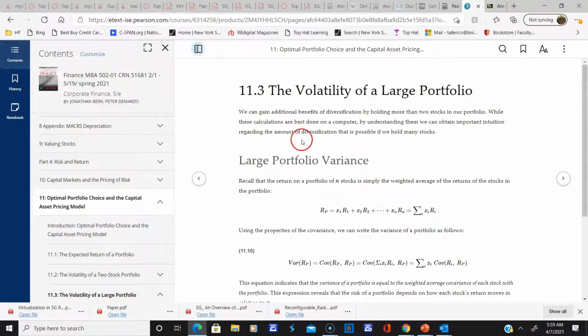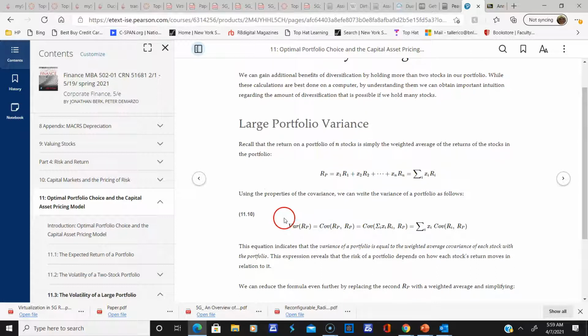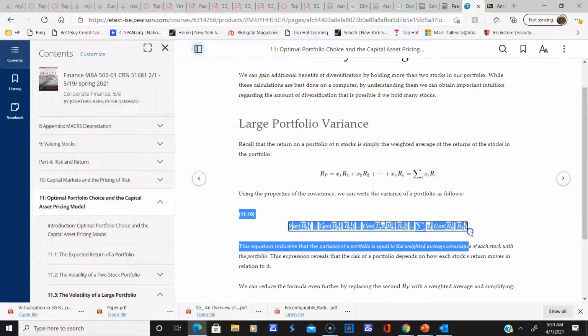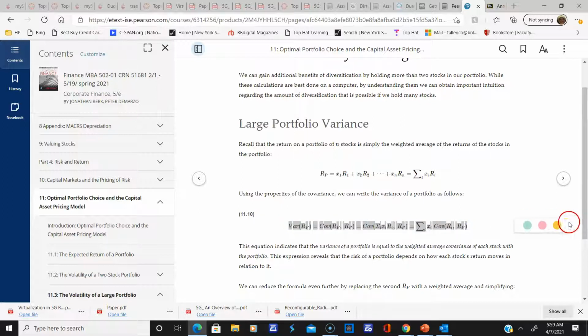Okay, so now I want to just show you the volatility of a large portfolio. Okay, so the covariance of a large portfolio will just be this equation here with more than two stocks. And it would basically be the sum of the percentages, right?